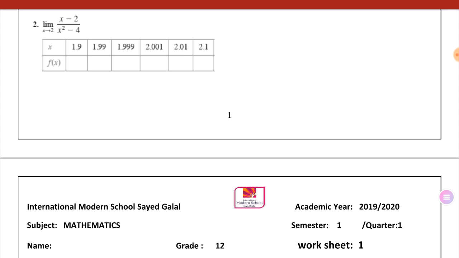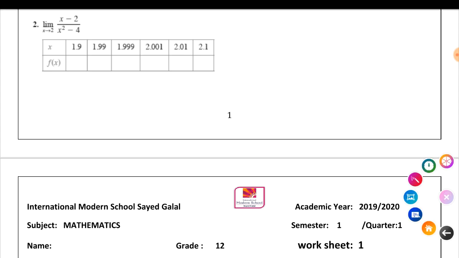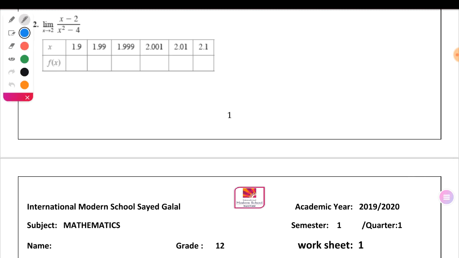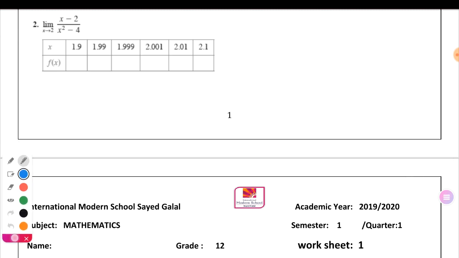Now, I remind you of the steps or instructions that we have to follow to find this limit by making a table. As you see here, I'll find the limit of the function. How? Look at this table: we divide the values of x into two sets.